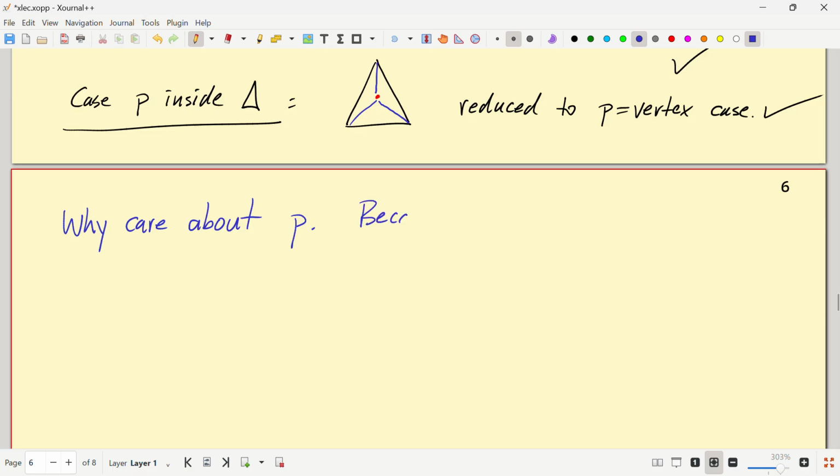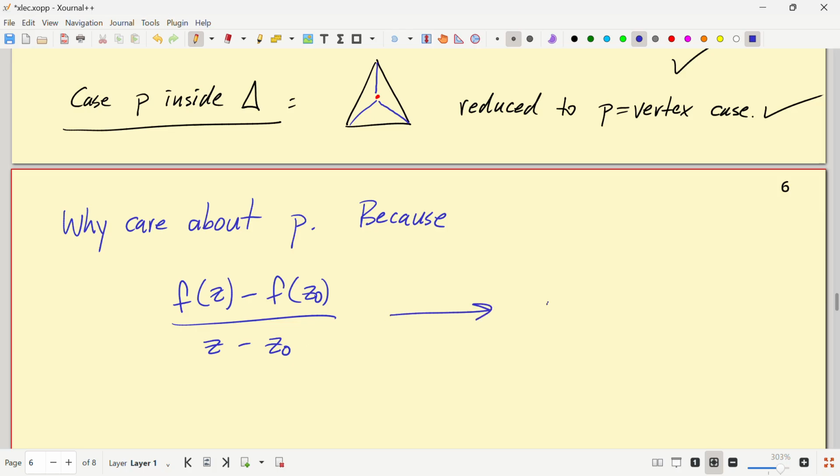It's because the difference quotient, f of z minus f of z naught over z minus z naught, is continuous up to z naught, because it tends to f prime of z naught as z tends to z naught, so it's continuous there.